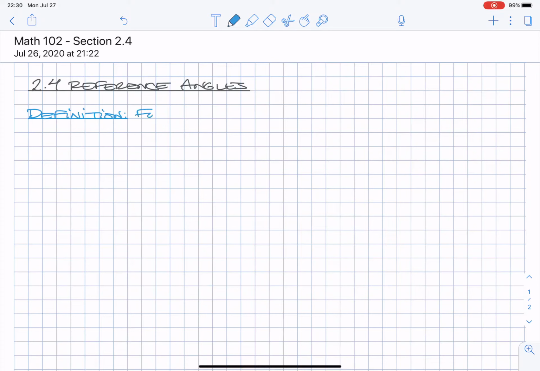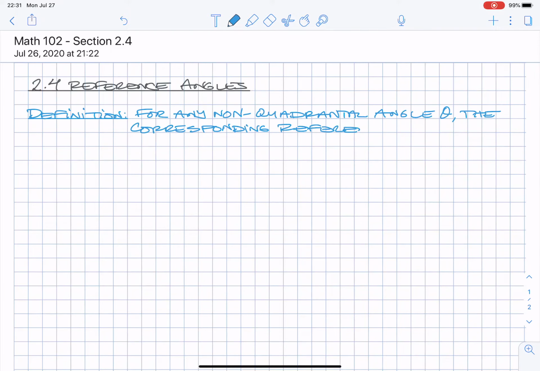So for any non-quadrantal angle theta, meaning not on an axis, the corresponding reference angle, which is what we're defining, let's call it theta sub r for reference, is its measure from the x-axis.